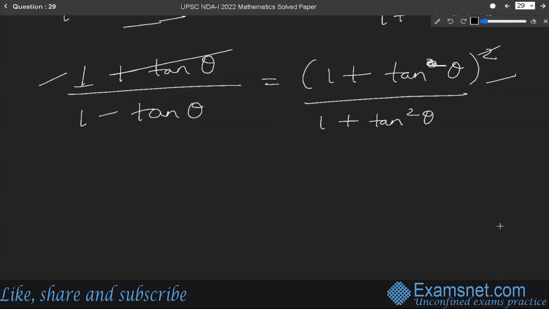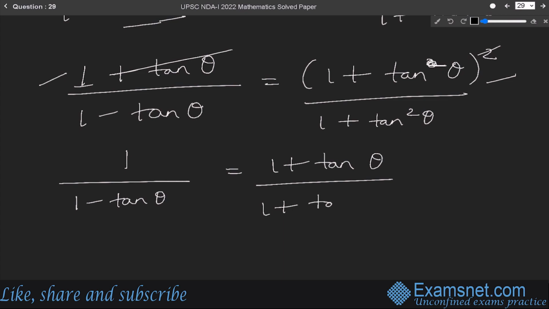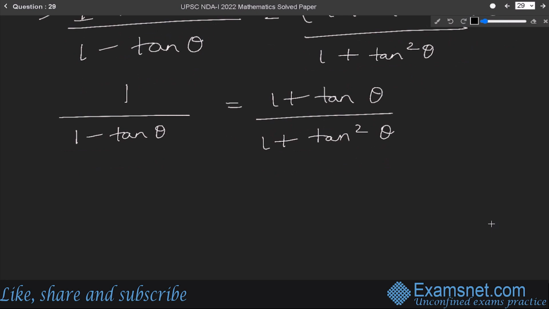So I will have 1 upon 1 minus tan theta is equal to 1 plus tan theta upon 1 plus tan square theta. Again cross multiplying, we get 1 plus tan square theta is equal to 1 minus tan square theta.